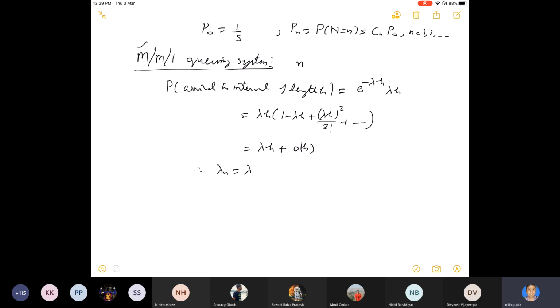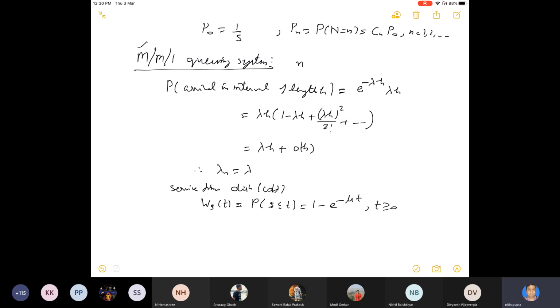And the service time distribution W(T) is the probability that S is less than T. This is 1 minus e raised to power minus mu T, T greater than or equal to 0.